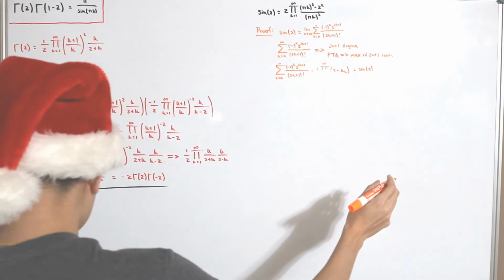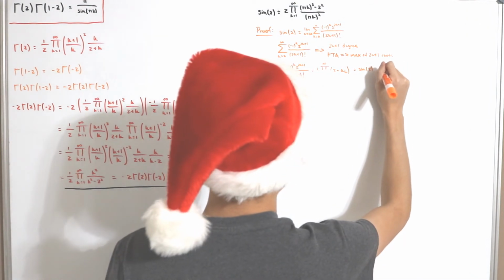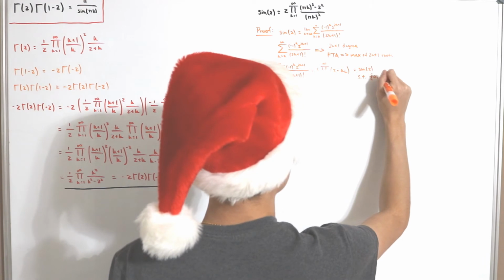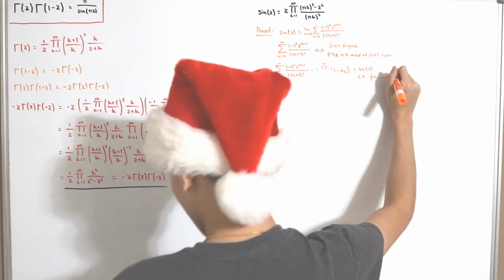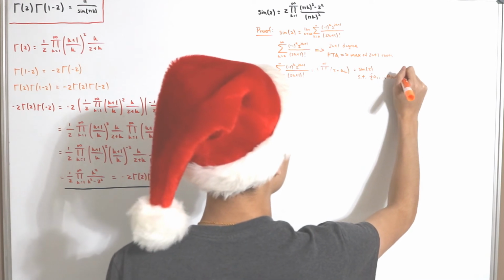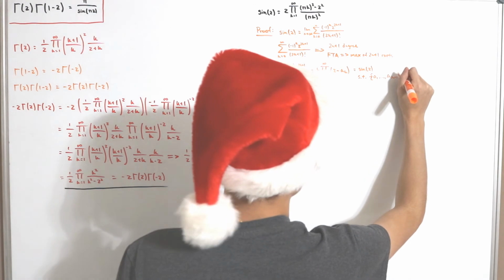We also define it such that a1 all the way up to a sub 2n plus 1 are the roots of those polynomials.